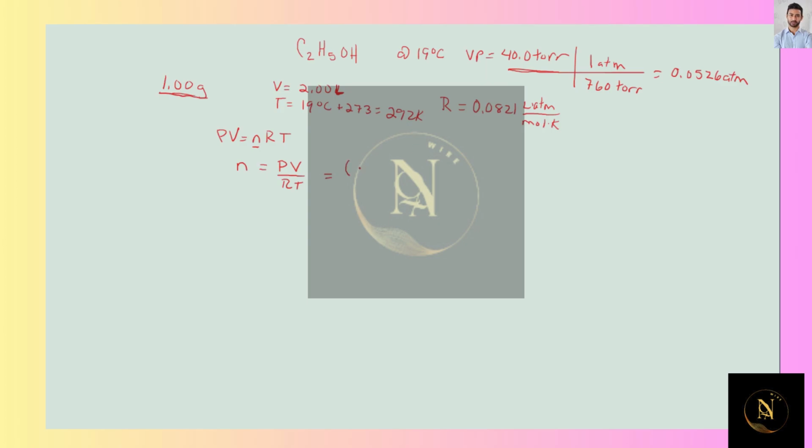So I'm going to plug all the information into the ideal gas law solving for moles. So the pressure when it's hit equilibrium and it's at its vapor pressure is the 0.0526 atmospheres. The volume is the 2 liters over R, which is 0.0821 liters times atmospheres per mole times Kelvin times the temperature in Kelvin of 292.